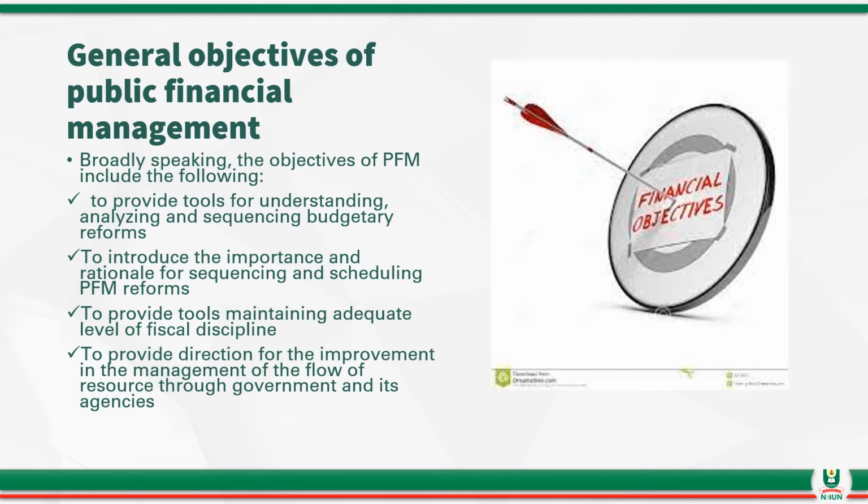Two, to introduce the importance and rationale for sequencing and scheduling public financial management reforms. Three, to provide tools for maintaining an adequate level of fiscal discipline. Four, to provide direction for the improvement in the management of the flow of resources through government and its agencies. So these are the general or broad objectives that PFM seeks to cover.